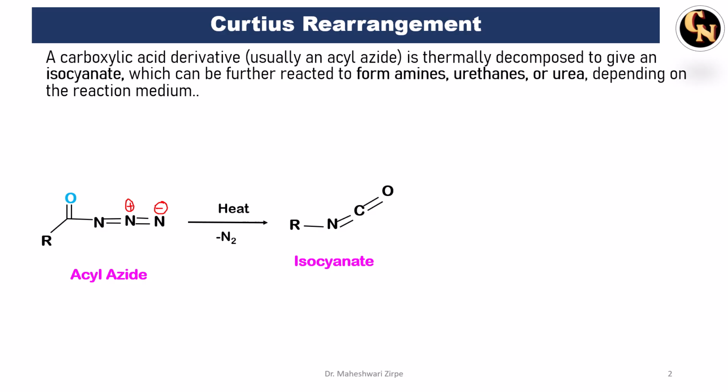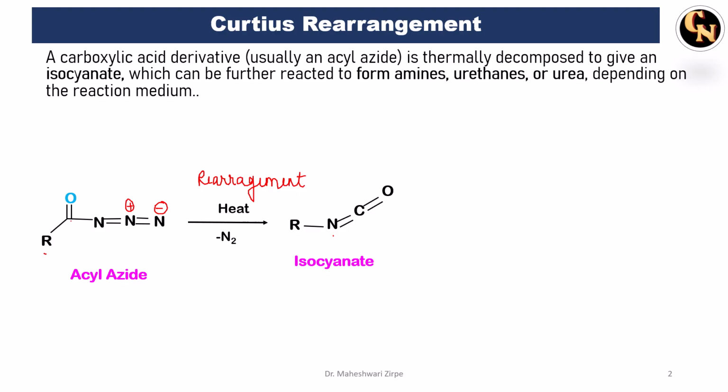As you can see, the R is connected to the carbonyl carbon, but in the isocyanate R is connected to nitrogen. That means a rearrangement takes place between these two steps, and you get an isocyanate.